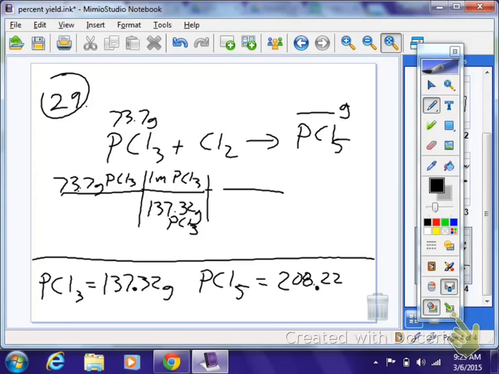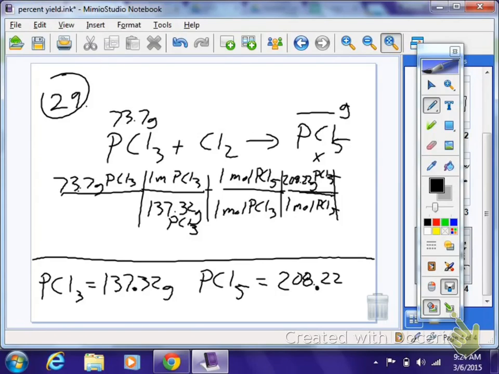So we would take 1 mole of PCl5, and up here we put the grams of PCl5. And it's 208.22. Then we do our calculation. Did you guys get an answer of 112?